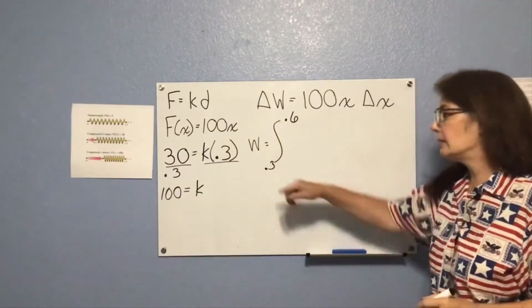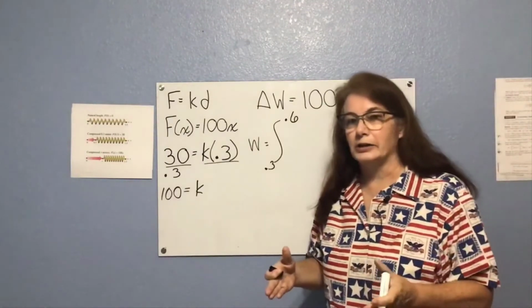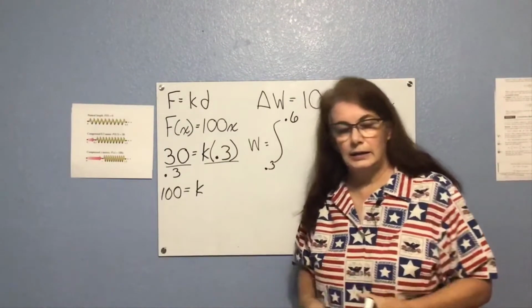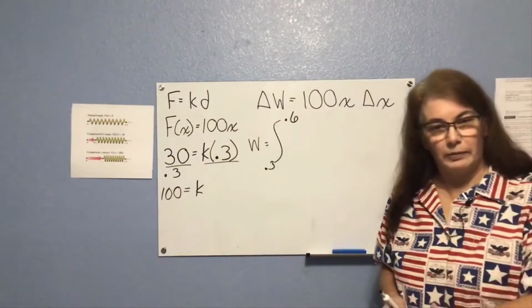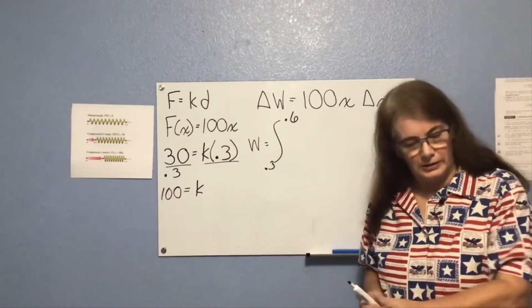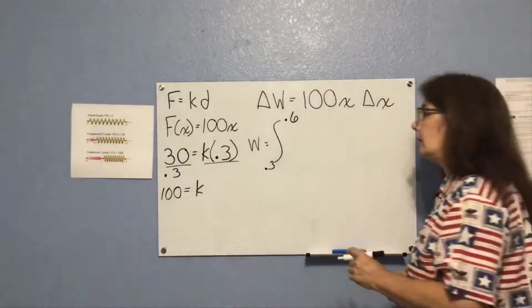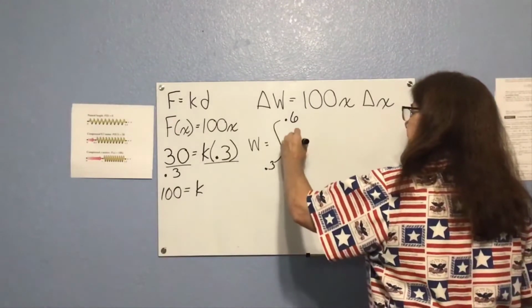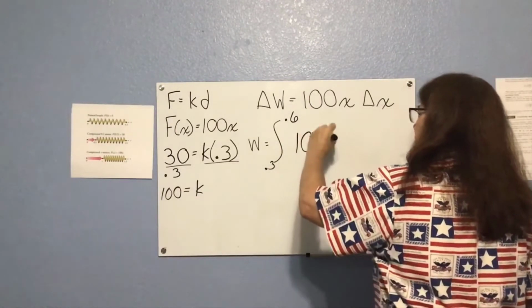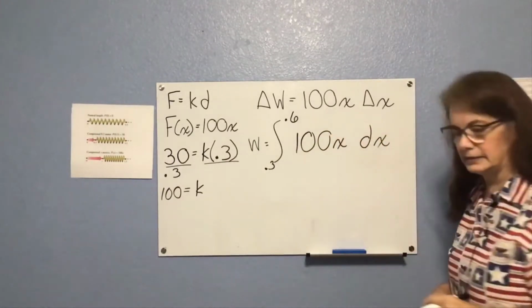Okay, we don't use 0 because somebody else already did that compression. Now we want to see how much it takes to compress it from that first position to a new one. Okay, put in our expression for f of x, so 100x dx.